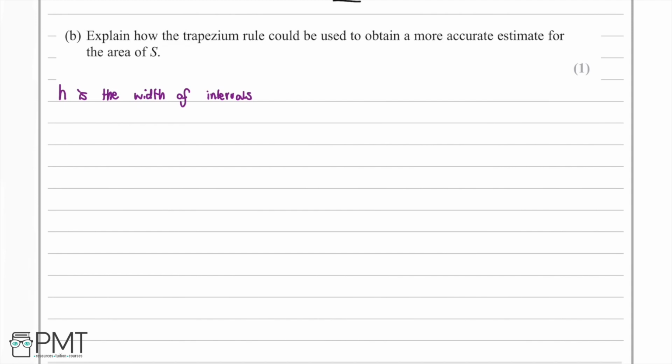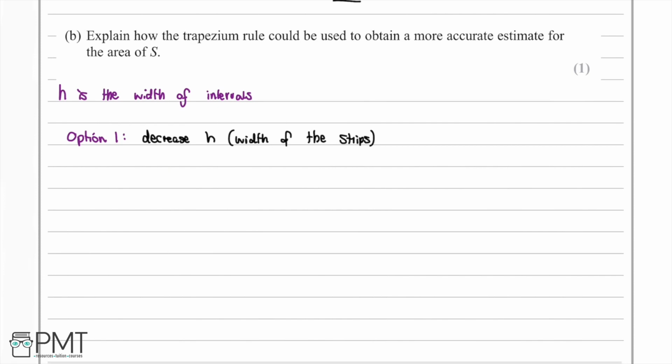So what we can do to get a more accurate measurement, we have two options. We can decrease the width of the strips. So option 1 is to decrease h, or in other words, the width of the strips.